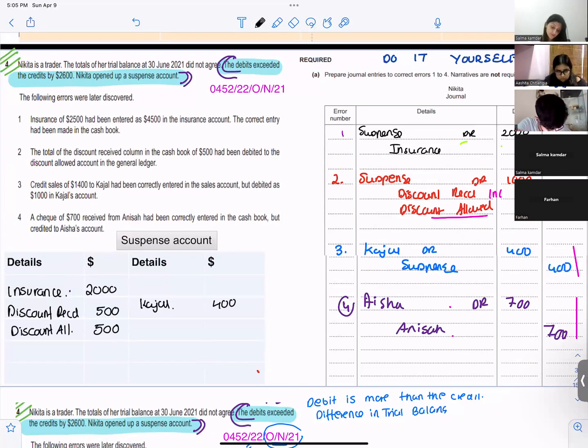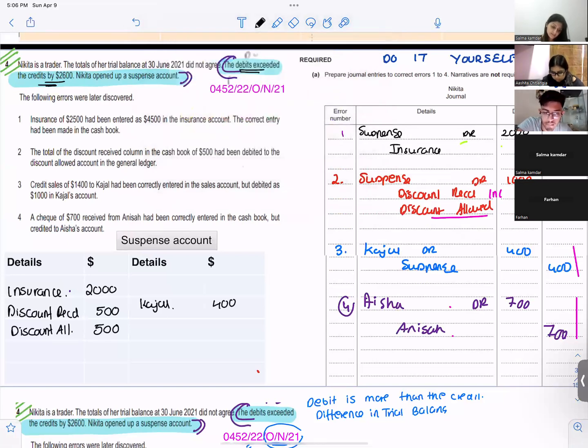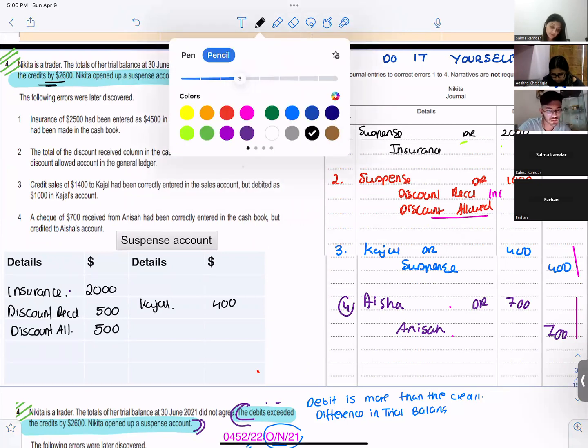Now, you saw the debit is exceeding the credit by 2,600. That means the debit was more. If the debit was more, what will you do?